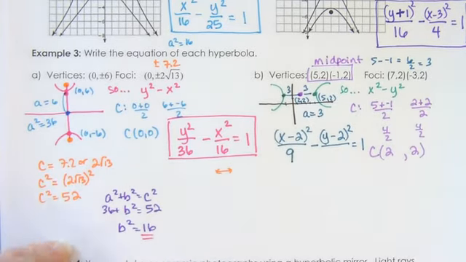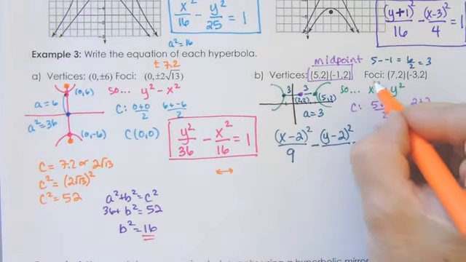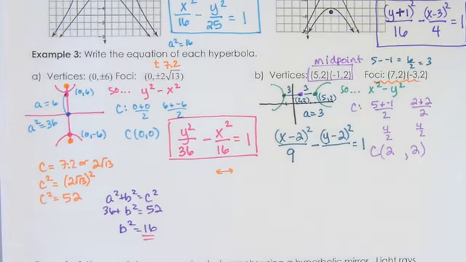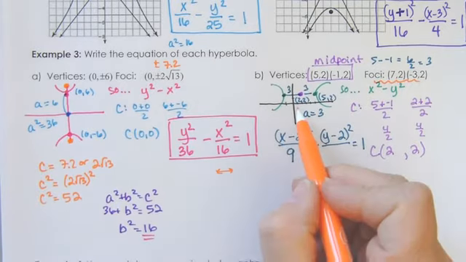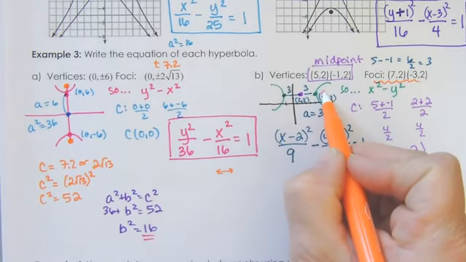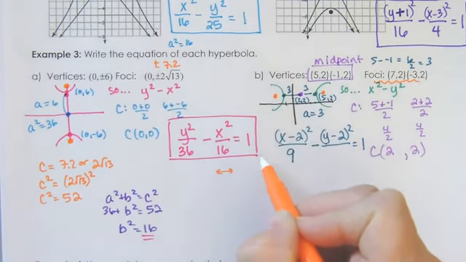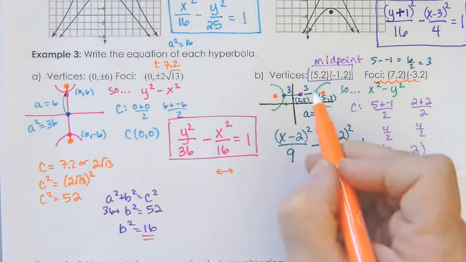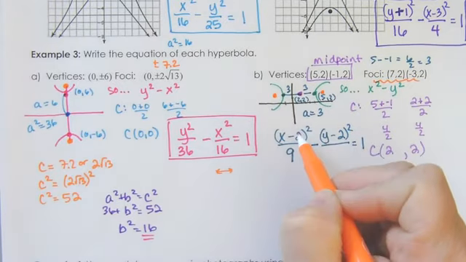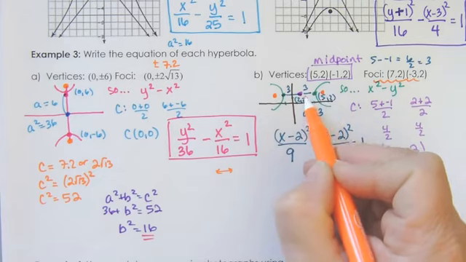Again, I did not give you how far up and down, so what you're going to have to do on this one is use those foci that I gave you. This time I gave you these foci. So let's see, this one was over at 7, 2, and this was at negative 3, 2. So that means from the center to a focus was actually 5.